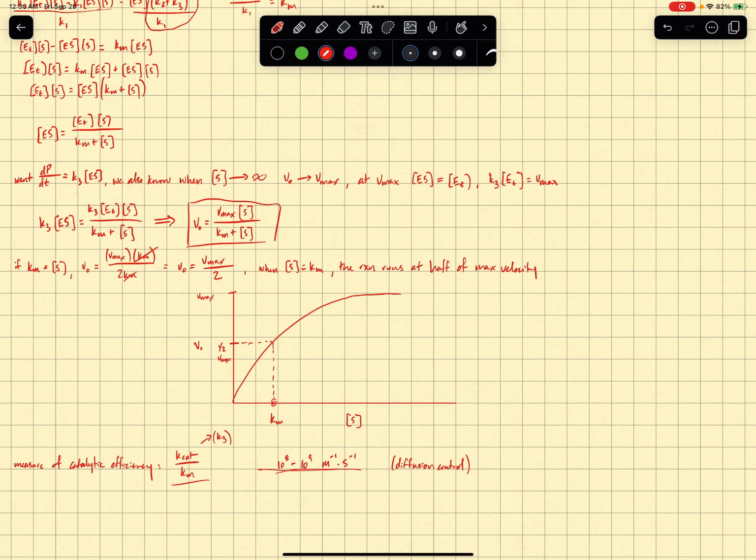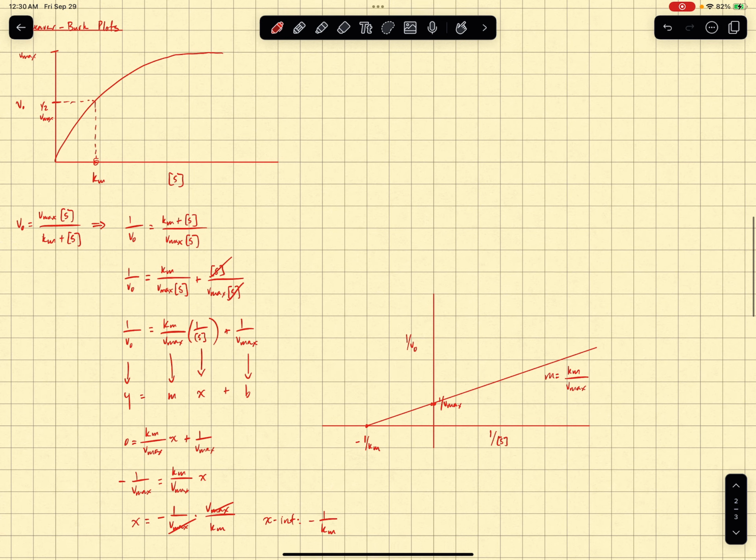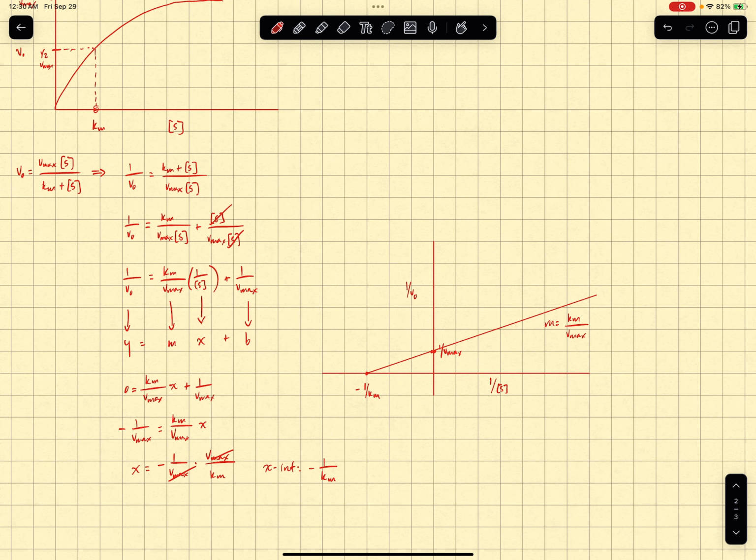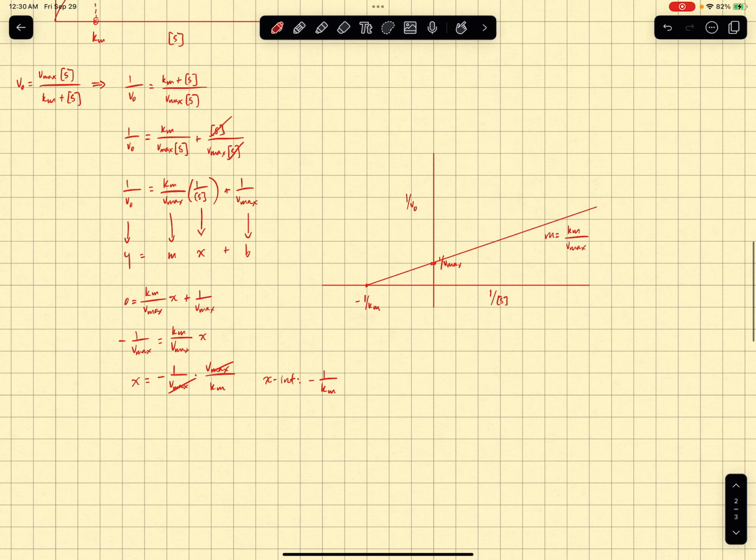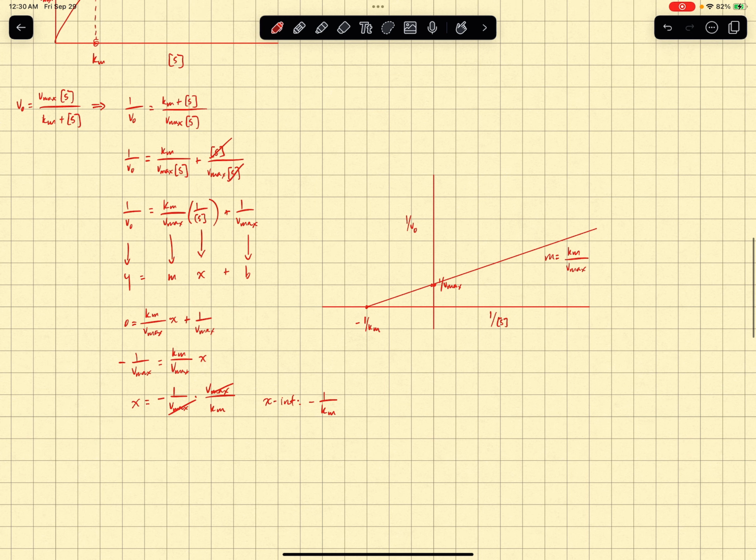The logic that got me there, I think, is really helpful to understanding this concept in general, and just how to derive a Lineweaver-Burk plot, what it actually means, what the significance is. And a lot of that you'll understand when you do inhibition, I think, is when this all sort of ties together.